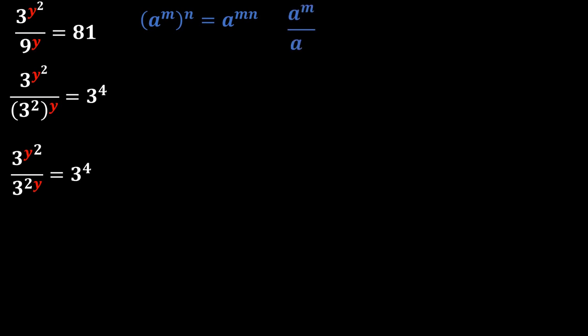Now we can apply another exponent property, that if we had a to the power of m over a to the power of n, that would be equal to a to the power of m minus n. So since the bases of both our exponents are equal, we can move the denominator to the top. So we'd have 3 to the power of y squared minus 2y is equal to 3 to the power of 4.